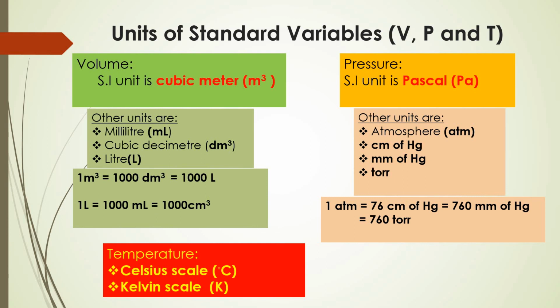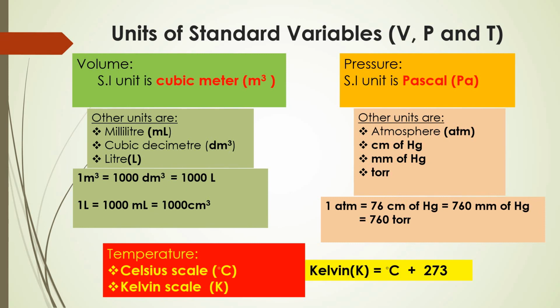And finally, temperature. The common scales are the Celsius scale, degree Celsius, and the Kelvin scale. These are the two common units used for measuring temperature. But to solve numericals, we always prefer the Kelvin scale to avoid the difficulty of 0 degree.